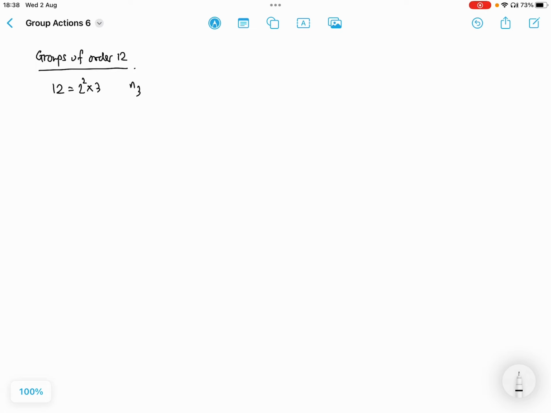And then the possibilities for the number of Sylow 3 subgroups is either 1 or 4, and the number of Sylow 2 subgroups can be either 1 or 3. That is easy from the third Sylow theorem.